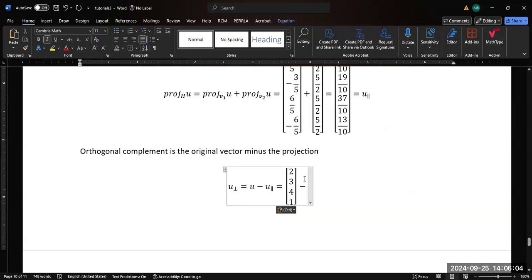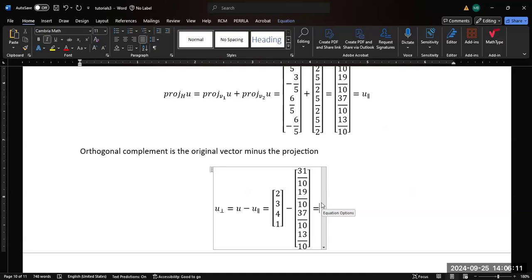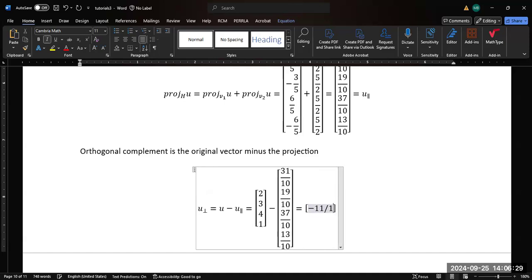So again, this is the projection into the subspace. This is the original vector. And then if we subtract these, then we can get the part that is not in the subspace and therefore is orthogonal to it. So 2 minus 31 divided by 10 is going to be negative 1.1 or negative 11 over 10.